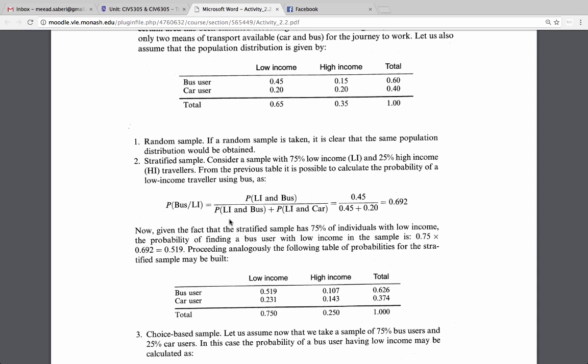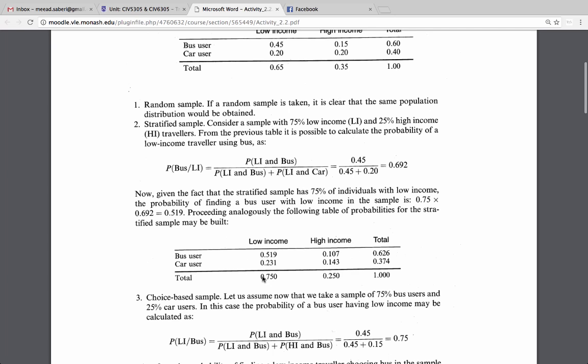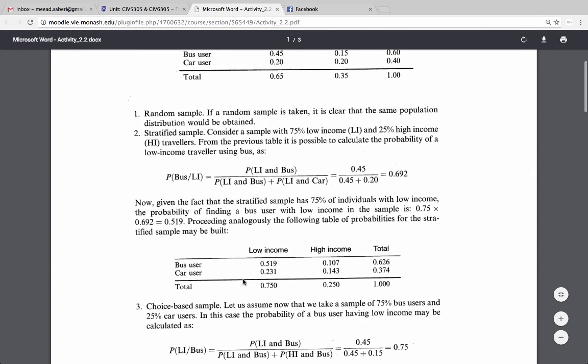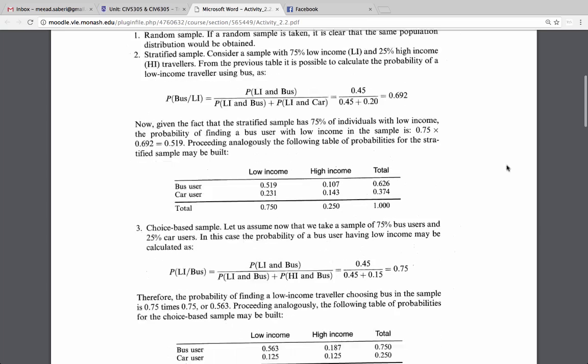You can continue this calculation for every other cell to get the new distribution of categories in your stratified sample. Then you can compare this with the original table and see how the numbers are different. So in fact, if you want to get something totally representative of the population, this stratified sampling will give you a different distribution.